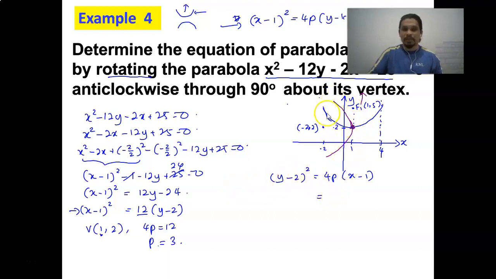This is the new parabola after the 90 degree rotation according to the question. So 4p with p equals -3 gives -12. The equation is (y minus 2) squared equals -12(x minus 1).